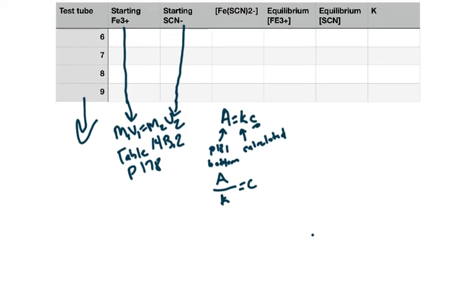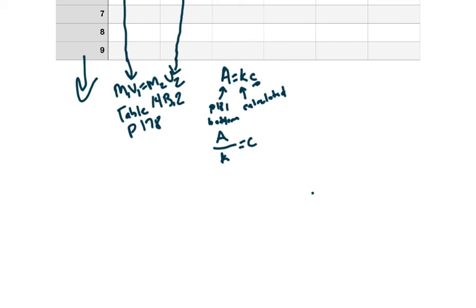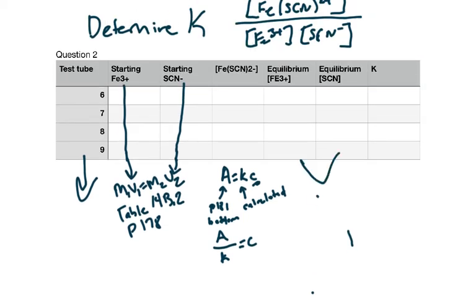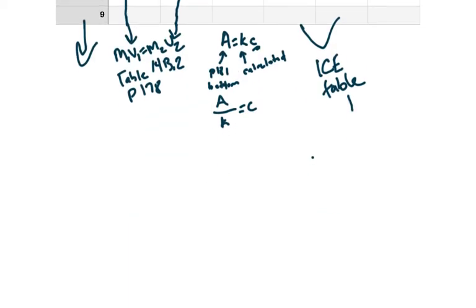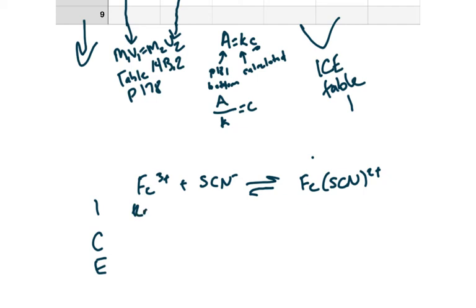Then you need your equilibrium values of your iron 3 and your thiocyanate. There, you can just do an ICE table. So here, let me write both of these. You know your Fe3+ and SCN- are in equilibrium with the complex. You know the starting concentrations of both of those.